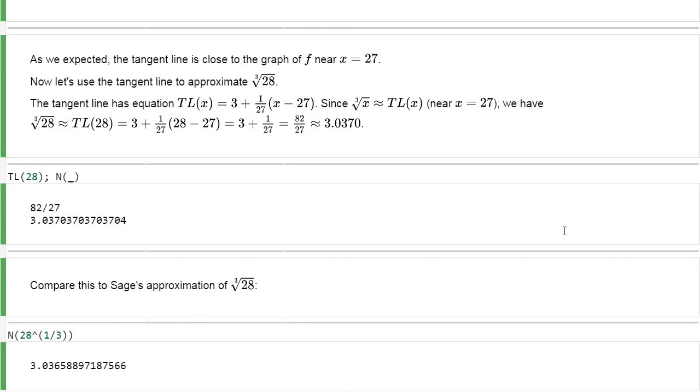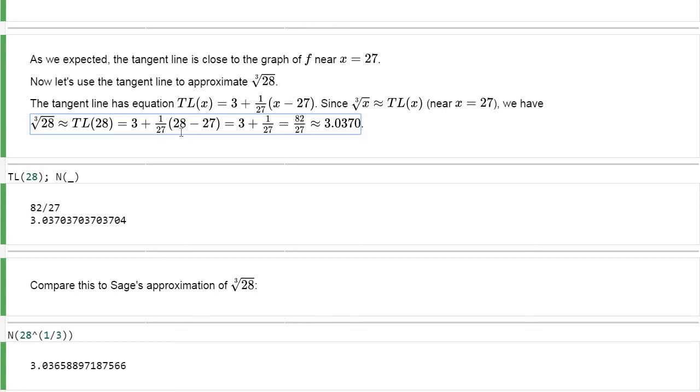Let's go ahead and use the tangent line to approximate the cube root of 28. To do that, we're going to use the property that the cube root and our tangent line are roughly the same, at least when x is close to 27. So the cube root of 28 is approximately the tangent line applied to 28. I'm just going to put 28 into this tangent line formula in place of x.